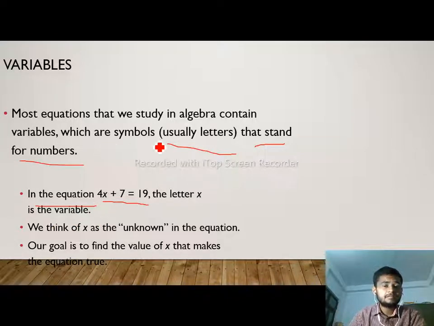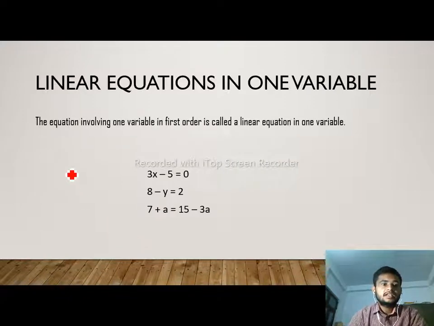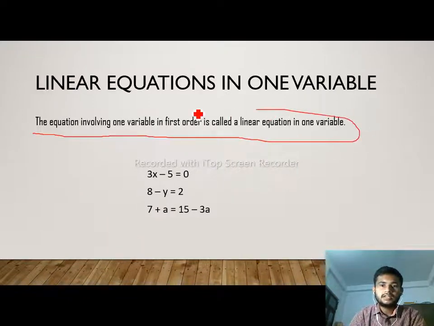As x is an unknown in the equation, we don't know the value of x, and we have to find out the value of x after solving this expression. The equation involving one variable in first order is called a linear equation in one variable.